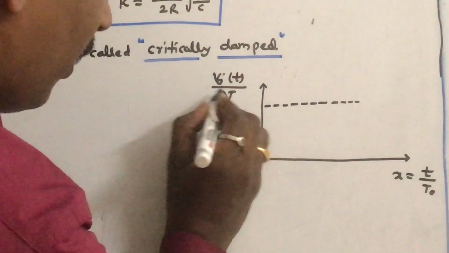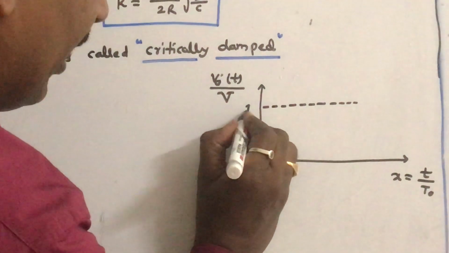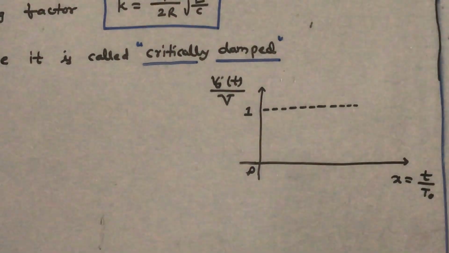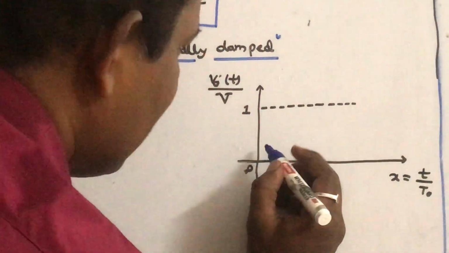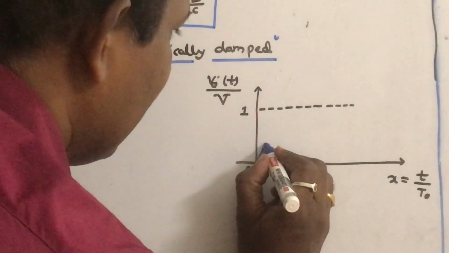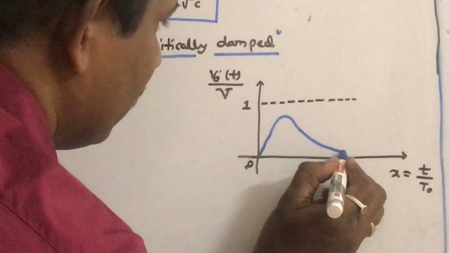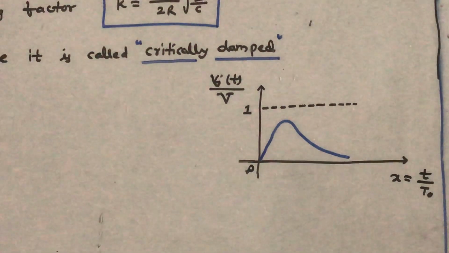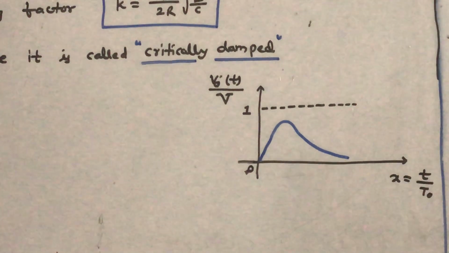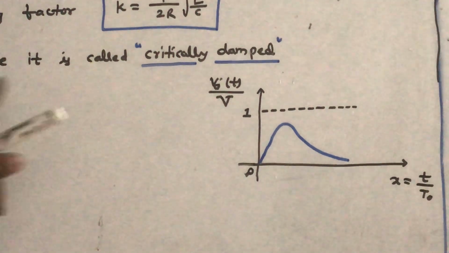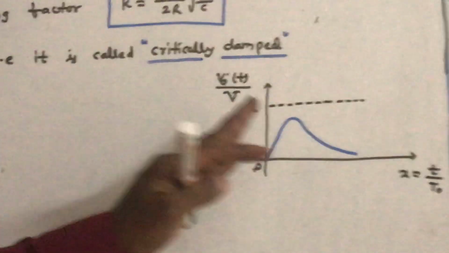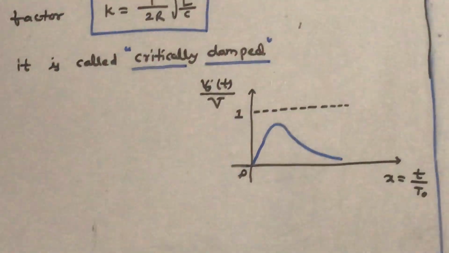Because we brought V to this side, let us represent it as 1. The response for the critically damped case is exponentially increasing, and after that it starts decreasing exponentially. This kind of waveform is observed when K is equal to 1.